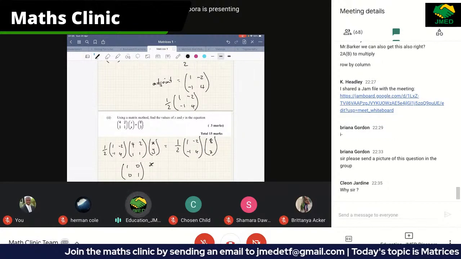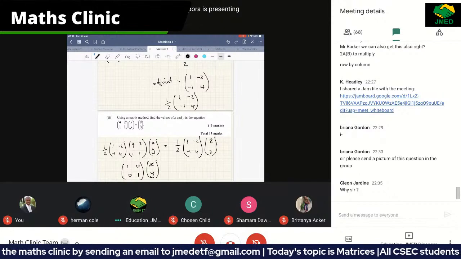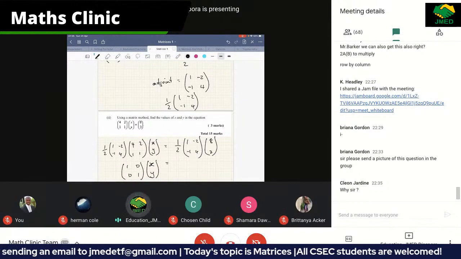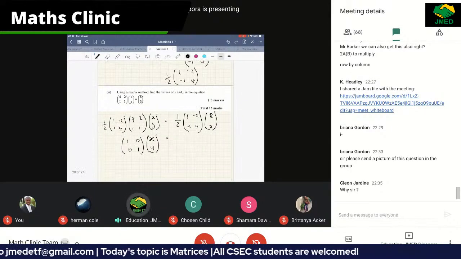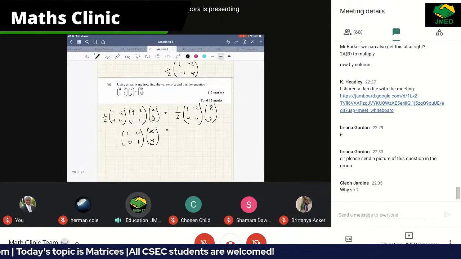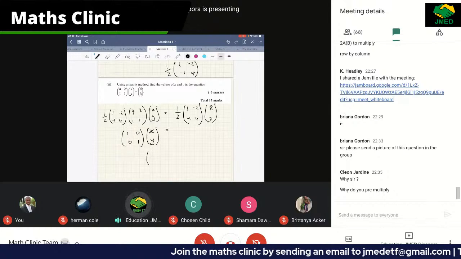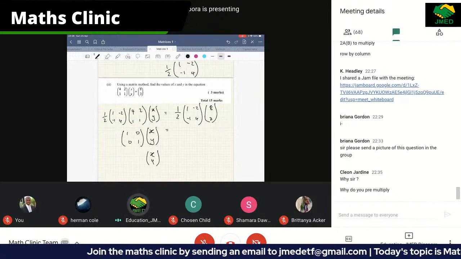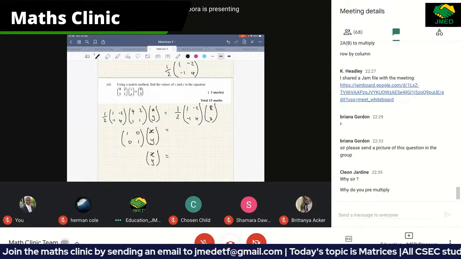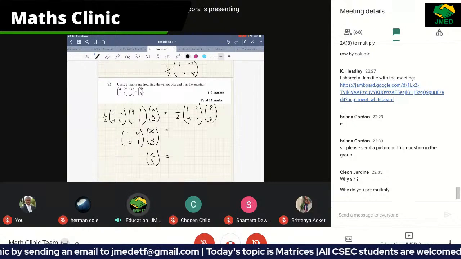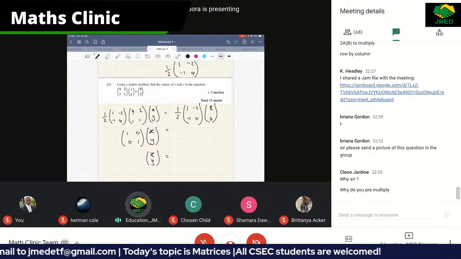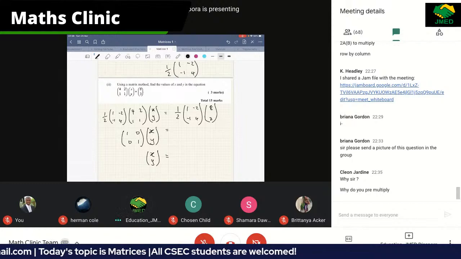And I'm multiplying that by [x; y]. Now, I'm not going to the right-hand side yet. I know that anything multiplied by the identity matrix, or the unit matrix, gives you that, so I'm ending up with [x; y] on that side. So I know that I've worked the left-hand side, not because I've worked it, but because I know what the end products are.